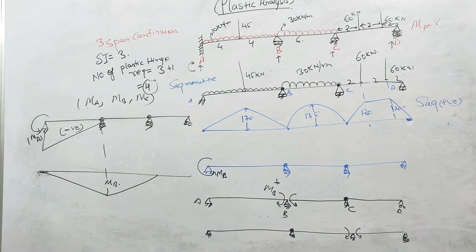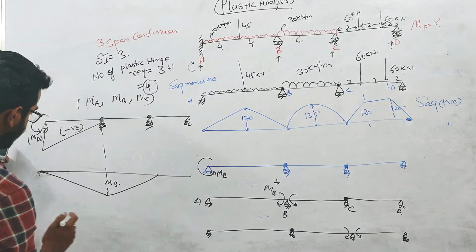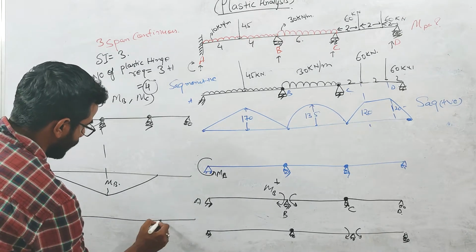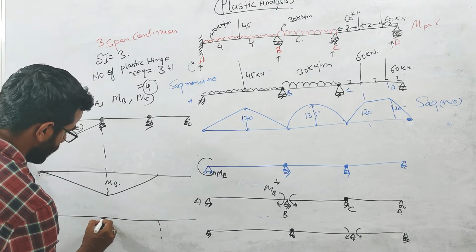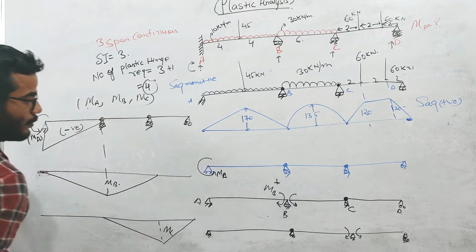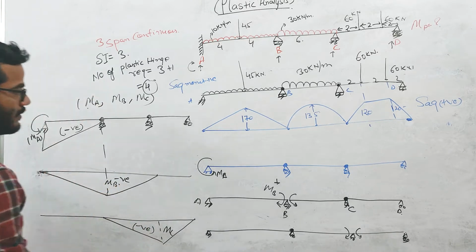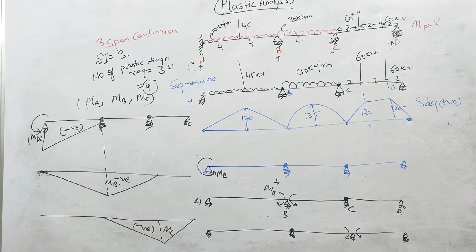Similarly, for this beam, the bending moment diagram will look like this. This will be MC, and you can see that all these bending moments are negative. So this is done.